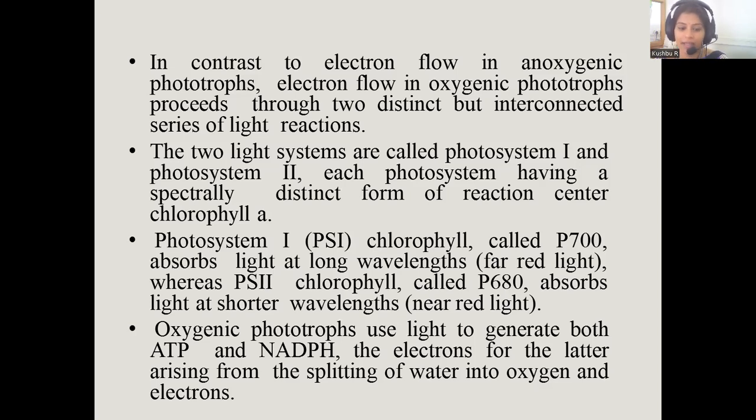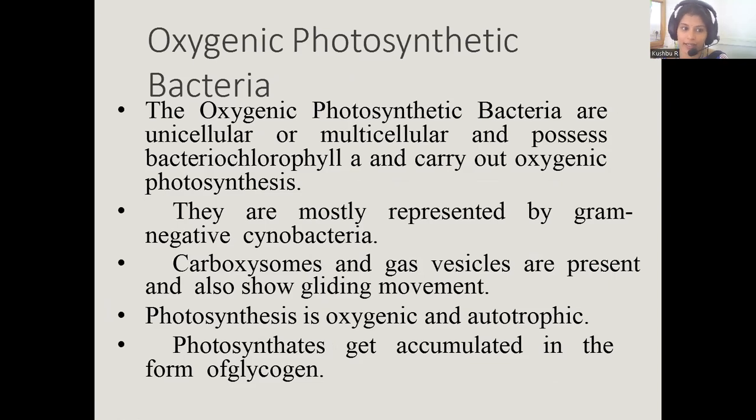This comes very handy as a product of the oxygenic photosynthetic process. Here both ATP and NADPH are produced, which are energy molecules. Electrons enable the splitting of the water molecules and the liberation of electrons. Oxygenic photosynthetic bacteria could generally be unicellular or multicellular.